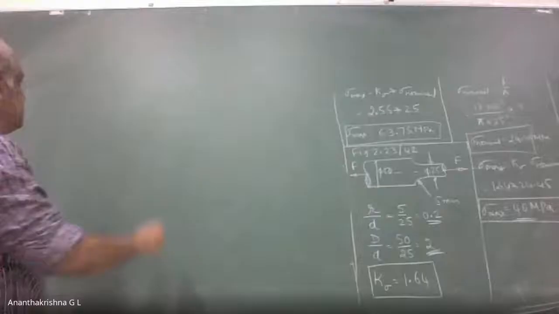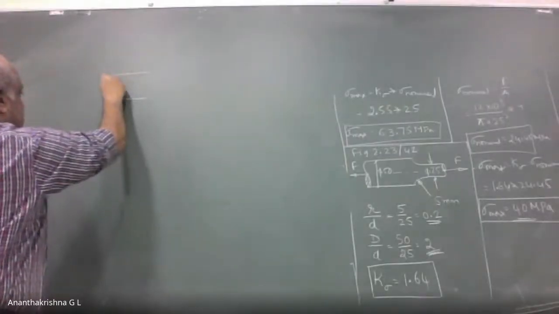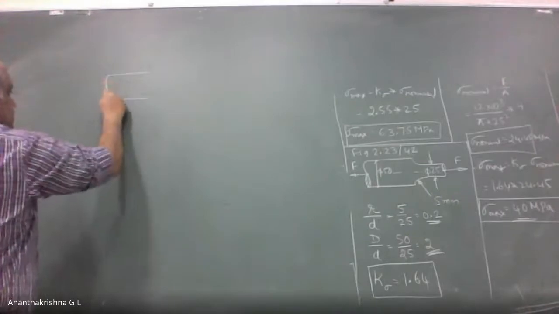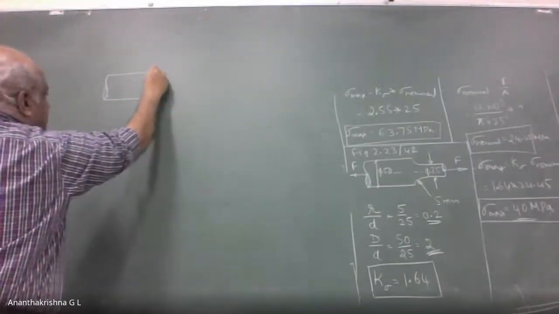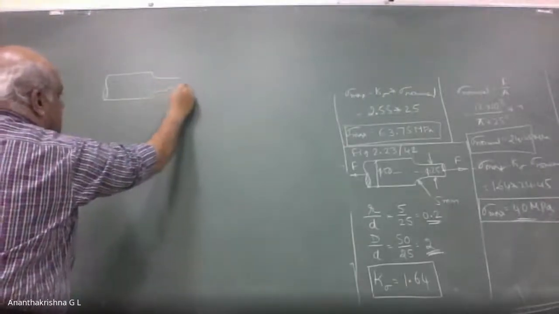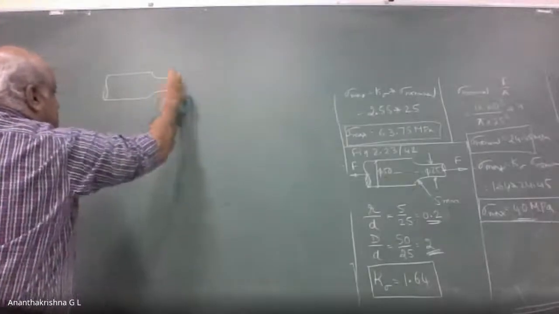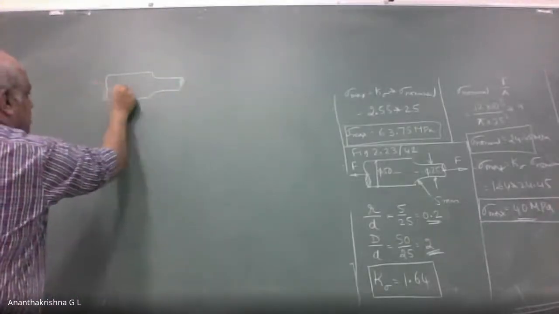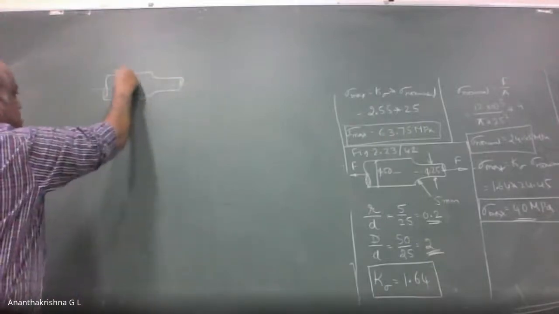Others, please see here. All of you, there is a stepped shaft, as we have seen in the previous case, stepped down from 50 mm to 25 mm. This is the stepped shaft of maximum diameter how much, Akshat?